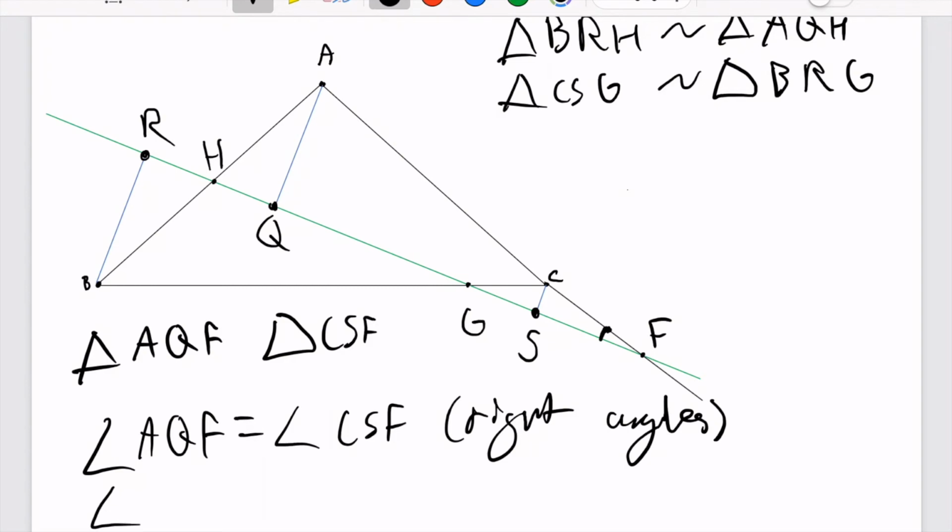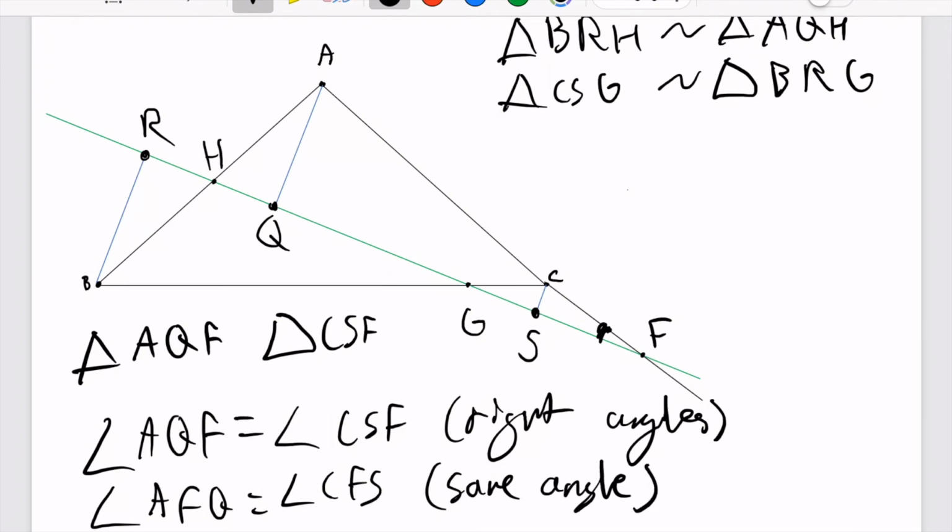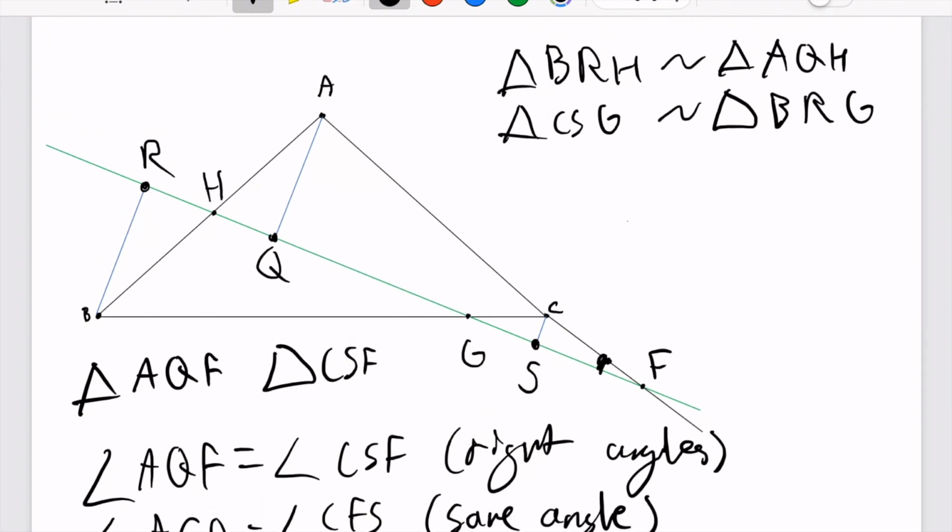And what angle was that? Angle AFQ will be equal to angle CFS because it's the same angle right here. So I'll write same angle. All right, so that's the third set of triangles that are similar.